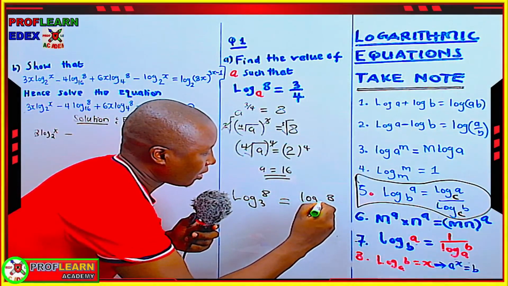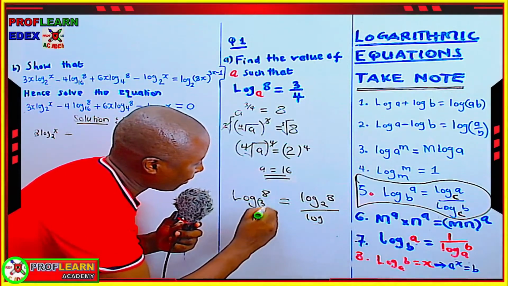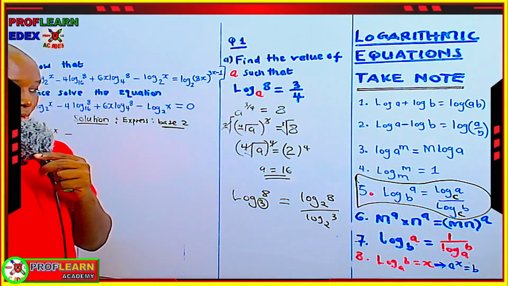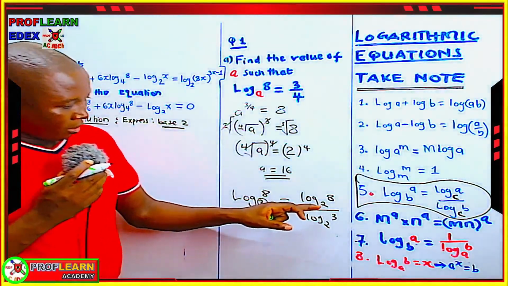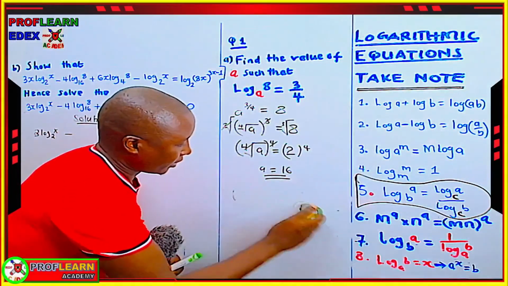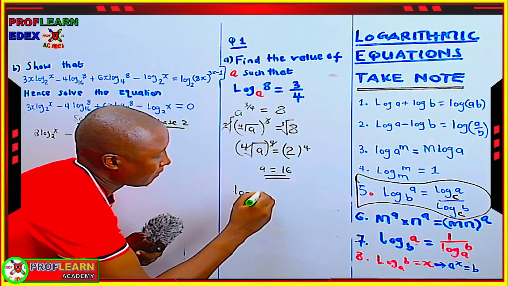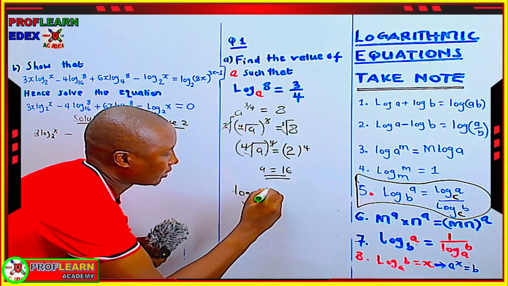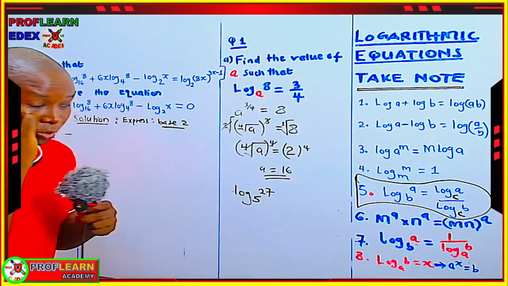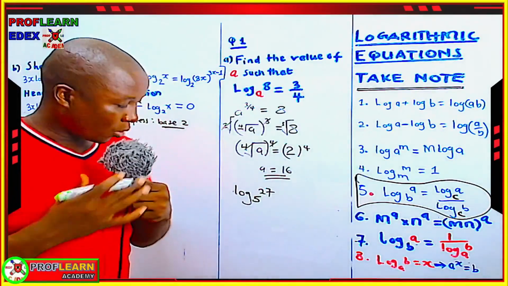I believe you've understood what I've said. If you are having log 27 to the base of 5, and you want to express this to a different base that is not 5, let's say you want your expression to have base 2, you are going to say log 27 over log 5, and you write the base of 2 that you want.